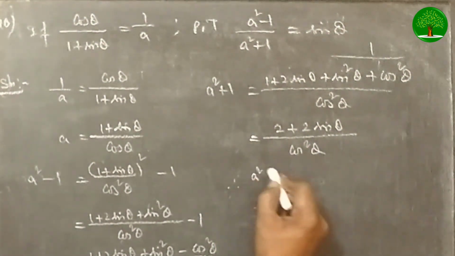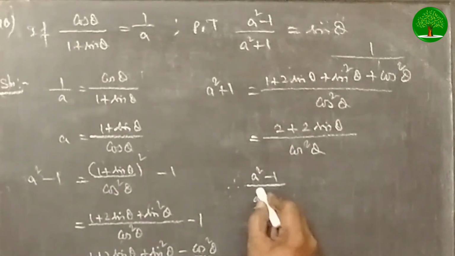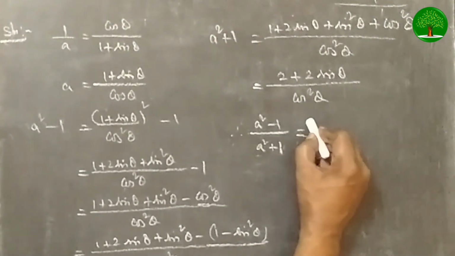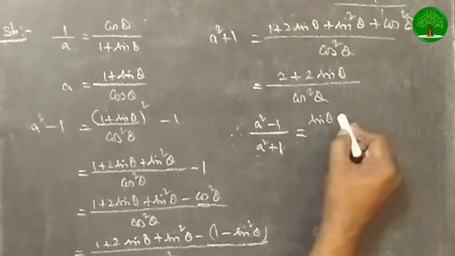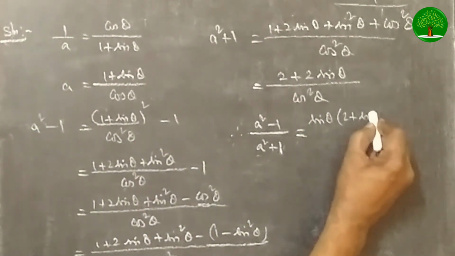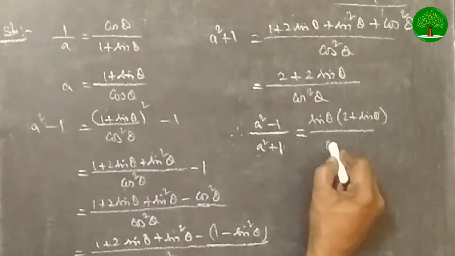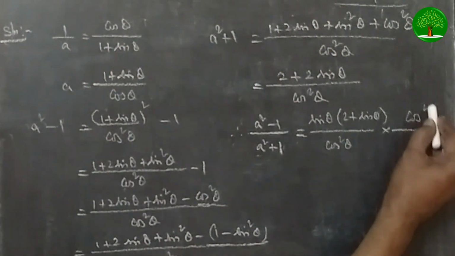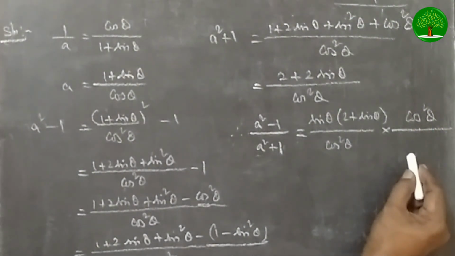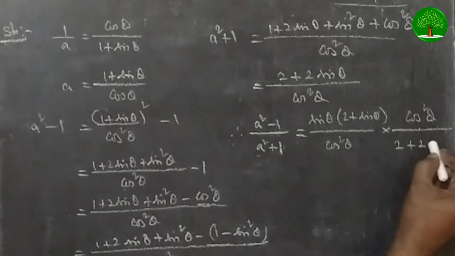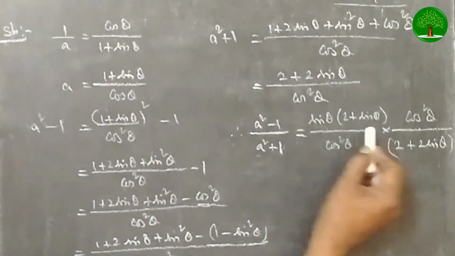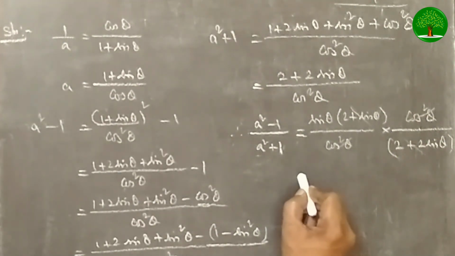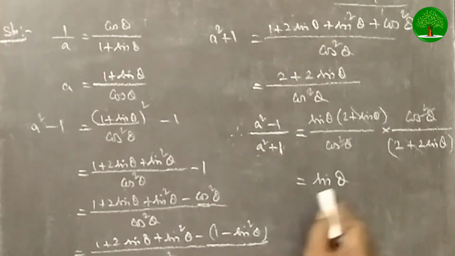Therefore (a square minus 1) by (a square plus 1) is equal to sin theta into 2 plus 2 sin theta by cos square theta into cos square theta by 2 plus 2 sin theta. Cos square get cancelled, this get cancelled, this is equal to sin theta.